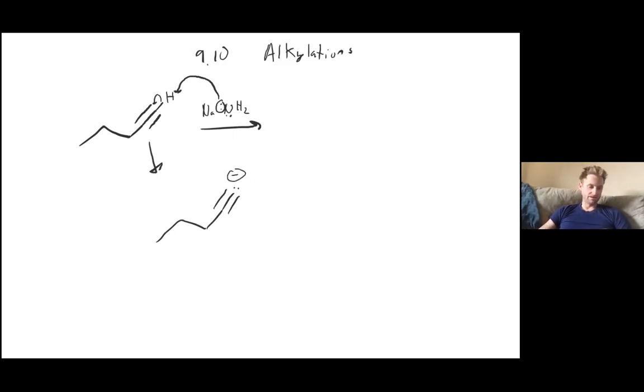So once we get this negatively charged alkyne, all we have to do is an SN2. So throwing in some sort of haloalkane will let us do an attack on this center here, kick out a bromine.